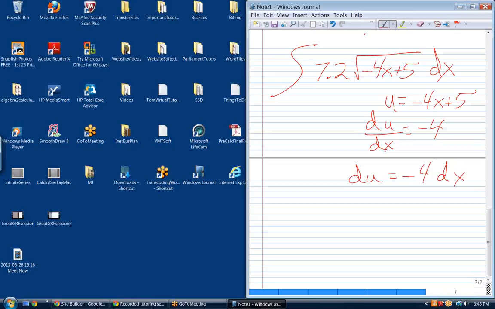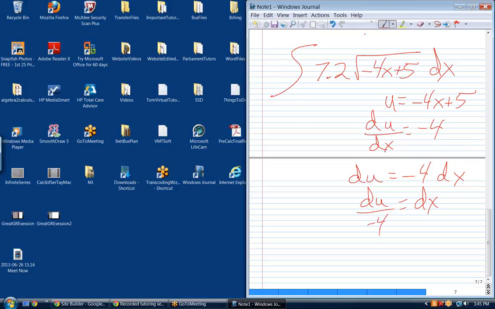So actually in this case, since I don't see a negative 4 anywhere up there, I'm going to use my first technique, which is to solve for dx, which in this case is equal to du over negative 4, right?